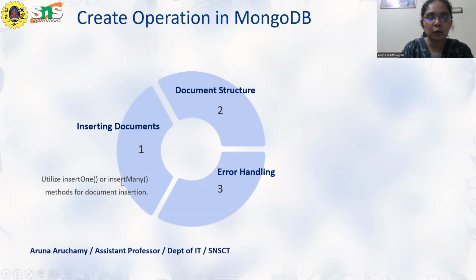Here you have two methods: insertOne and insertMany. If I want to add only one record at a time, I can go for the insertOne method. If I want to insert many records in a single collection, I can go for insertMany. This is how records are inserted in a database.